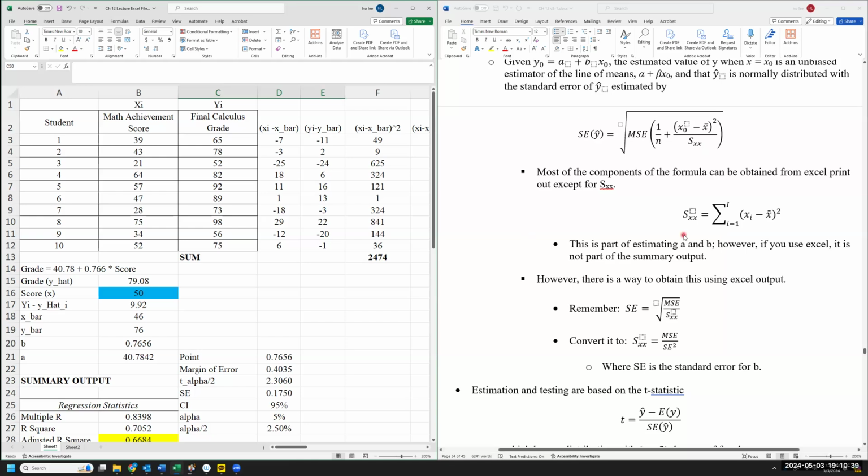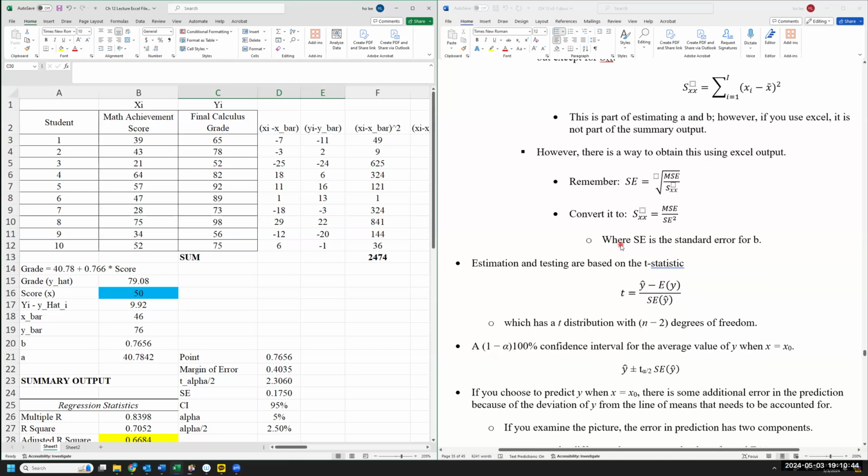So if we were to do some analysis of y hat, like some hypothesis testing or building a confidence interval, we have a t statistic that's t distributed with n minus 2 degrees of freedom.